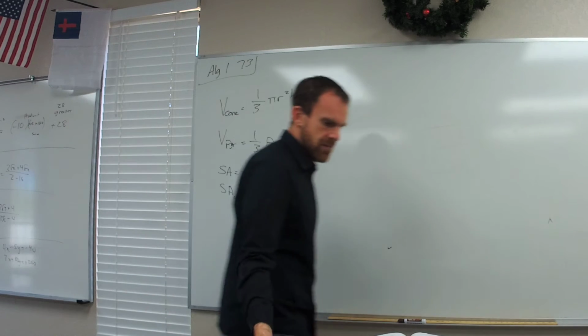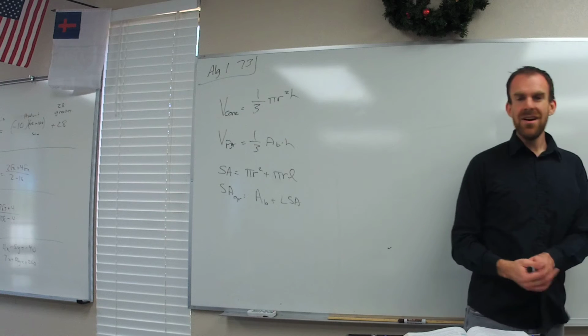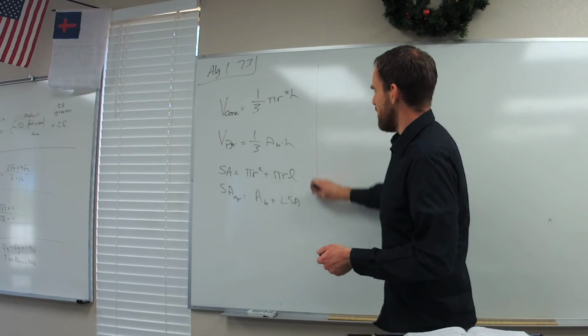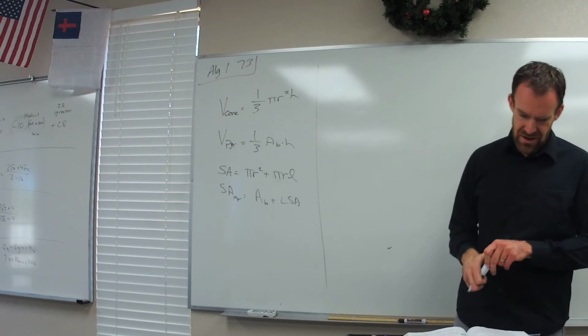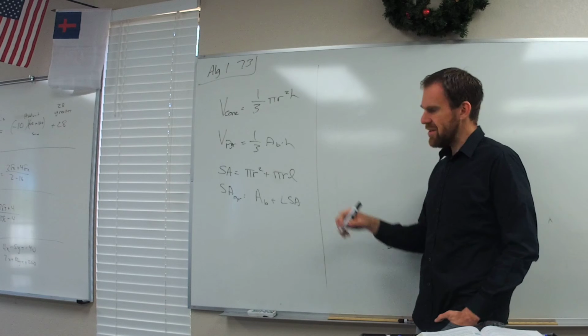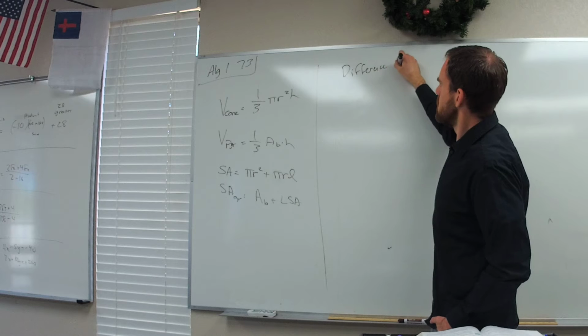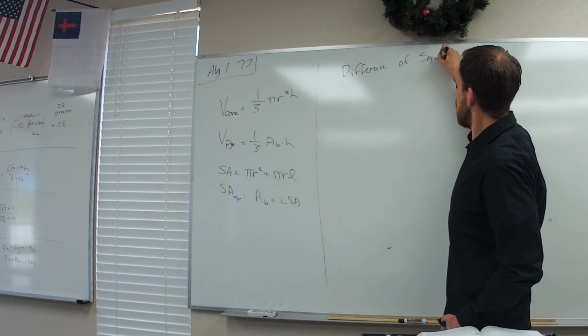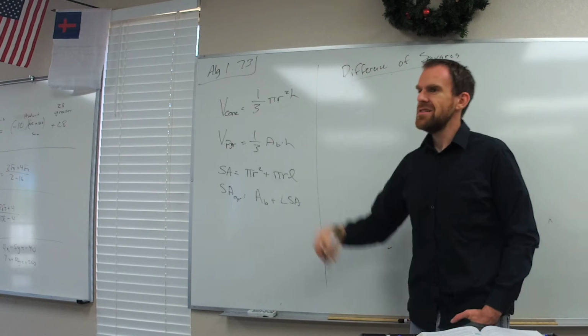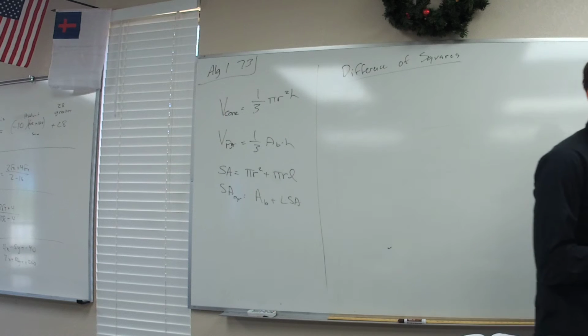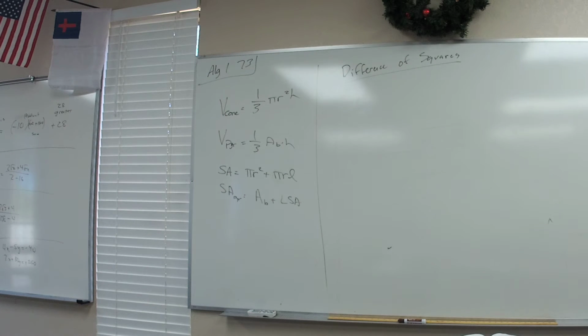Today's lesson is another equation that you have to memorize. This is called the difference of squares, and it is a formula you must know. I'm just going to hit that note card right there.